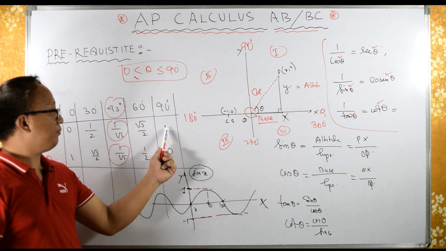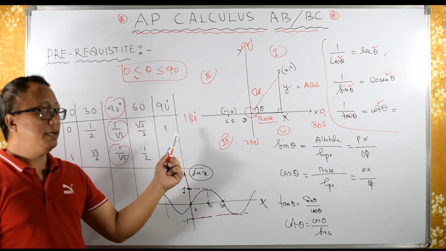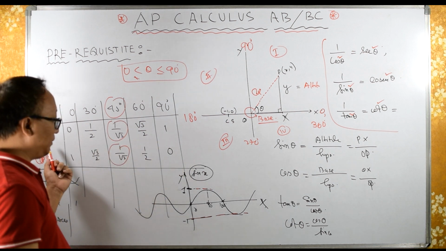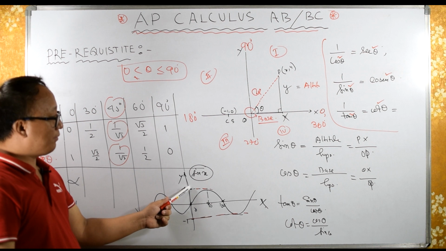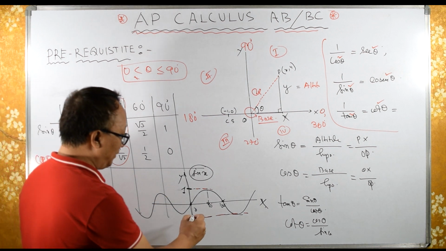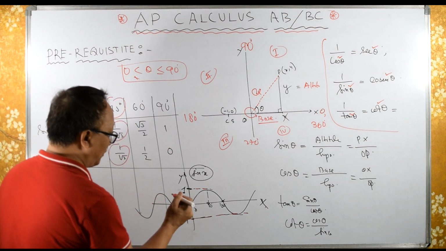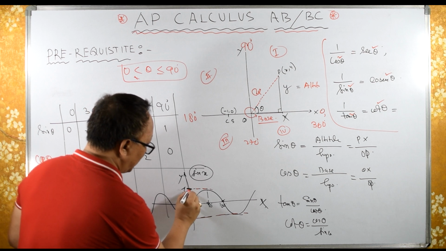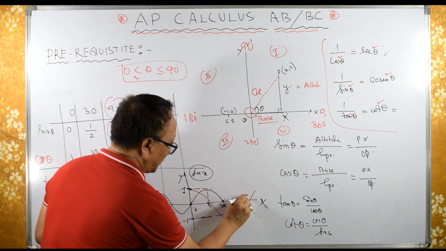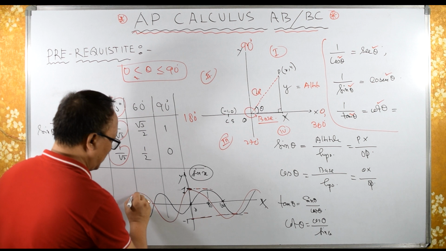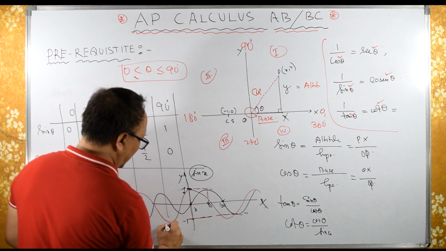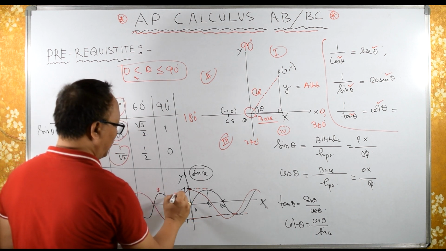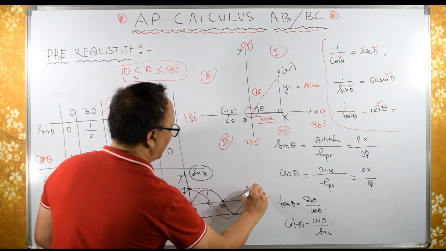You cannot get more than 1. If it is more than 1, something is wrong. Even cos is also at most 1 and at least minus 1. Here cos will range like this. Cos 0 is 1 over here, so it goes like this, and it also has minus 1 and 1.